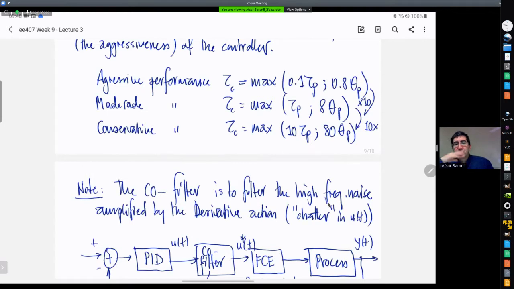So we have also learned this model, the first order plus dead time model. Well, it's not entirely nonlinear. It's still a linear model, but it is something called infinite dimensional. The reason being, finite dimensional linear models have rational transfer functions with a polynomial of finite order in the numerator and a polynomial of finite order in the denominator.